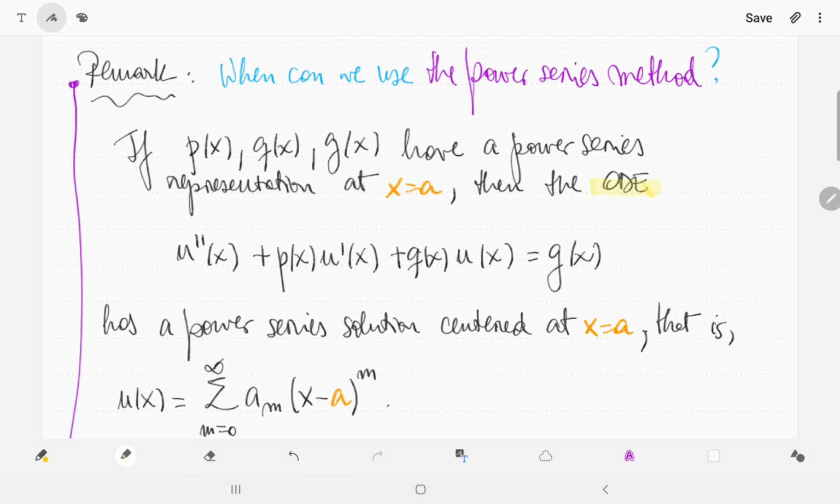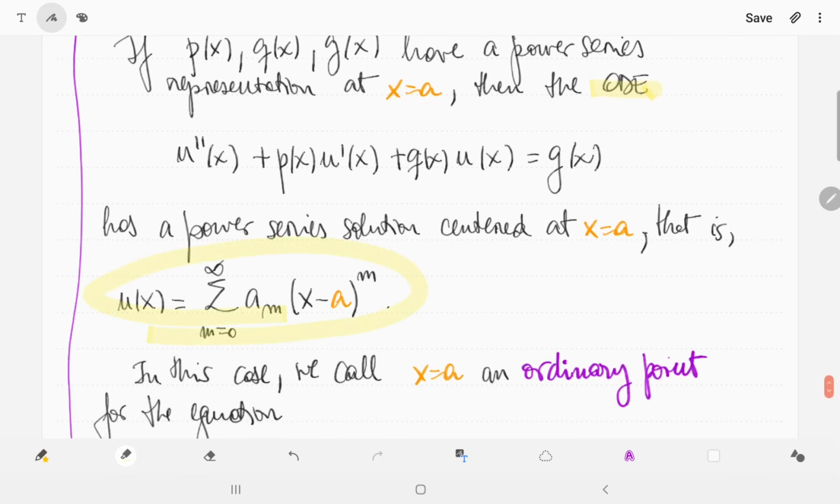Then the ODE, this one is a second order ODE, has a power series solution centered at the same point A. So here is where we can use this method.